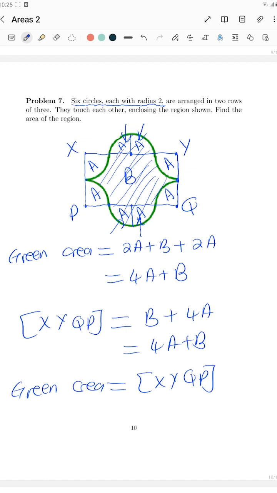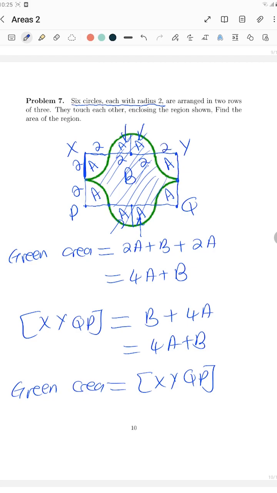And do we know what the length of the rectangle is? Well, it's made out of circles of radius 2. So that's 2 units, that's 2 units. We know the distance from P to X. If that is 2 units, that's going to be 2 units, and so on.